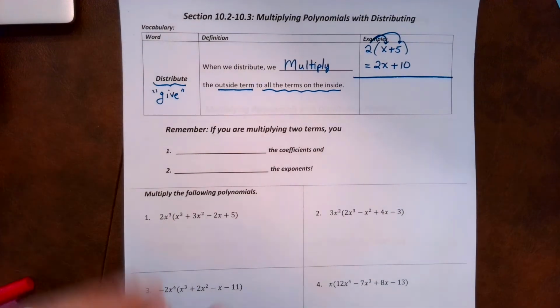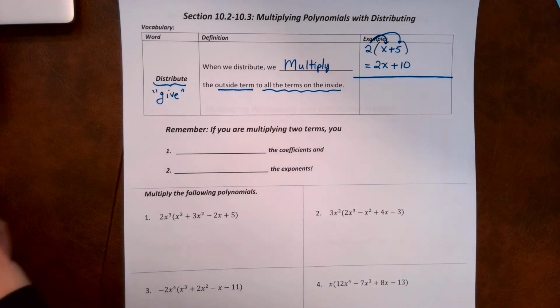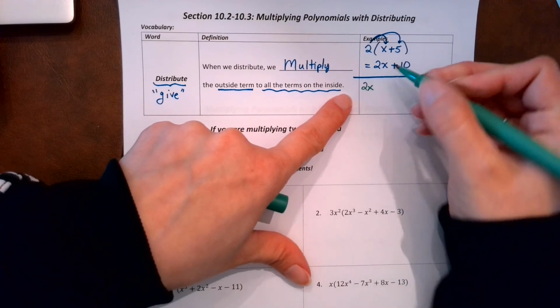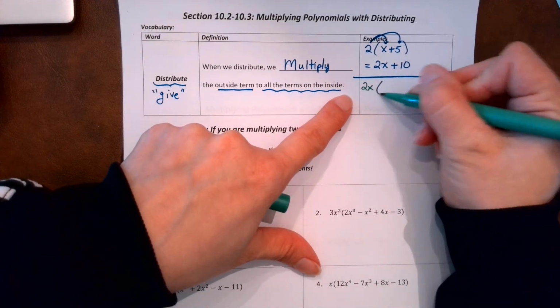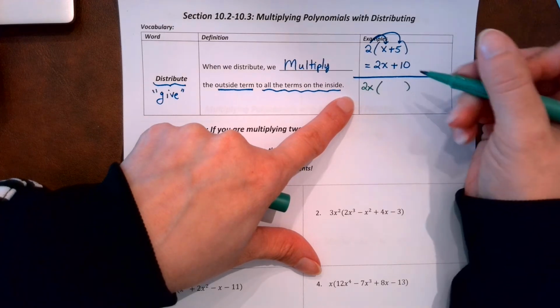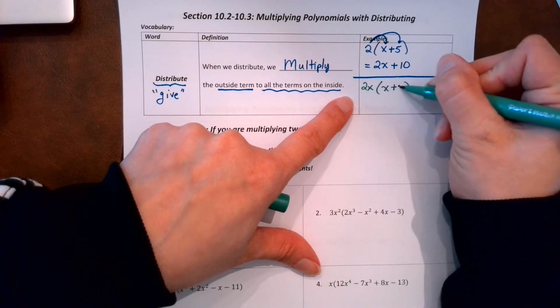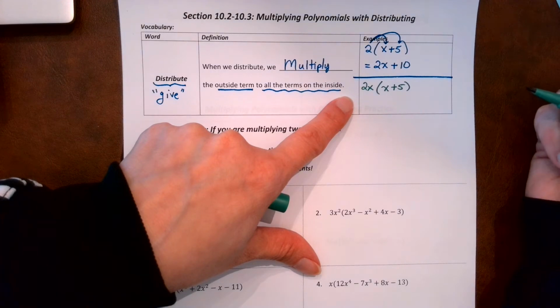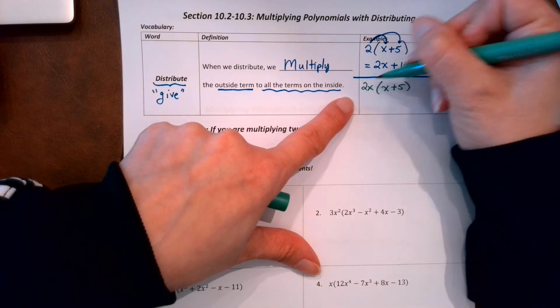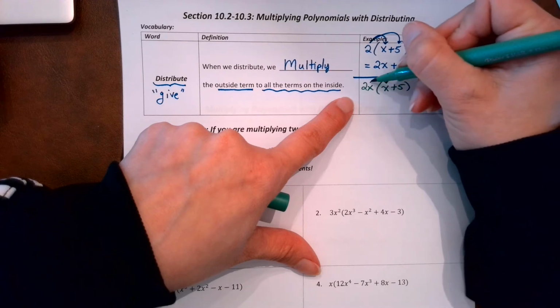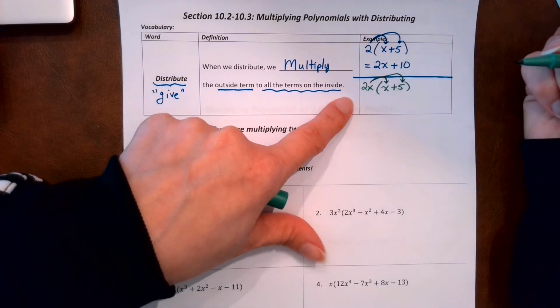Let's show you another example. Let's distribute a 2x. Let's distribute a monomial into a binomial. Same one, x plus 5. The 2x is going to get distributed to the first term as well as the second term.